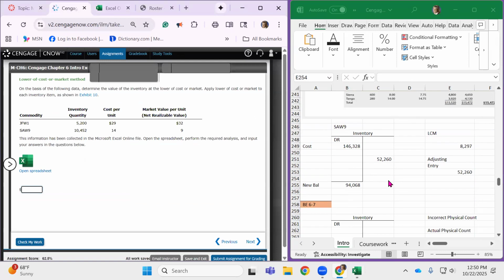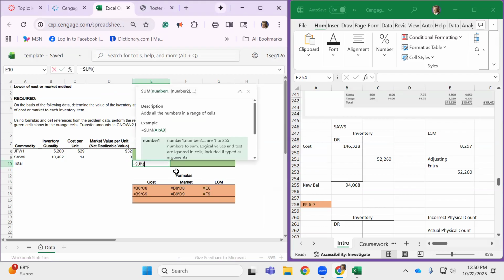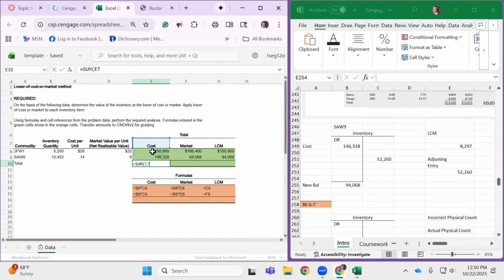So we're going to add, so the new balance, and I'll go back to my spreadsheet a minute. If you add these together, then we need a total here. We need a sum. So we go equals sum, open up your parentheses and click and drag, right here, and enter. And then you can actually move that formula over.